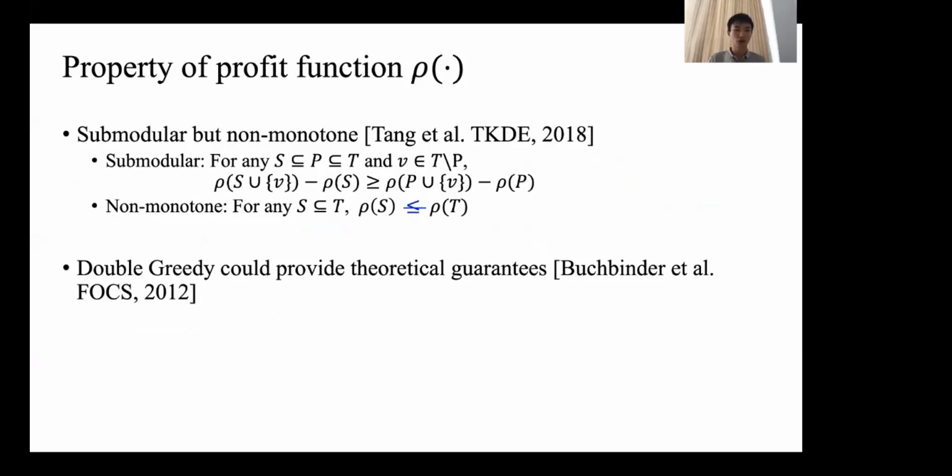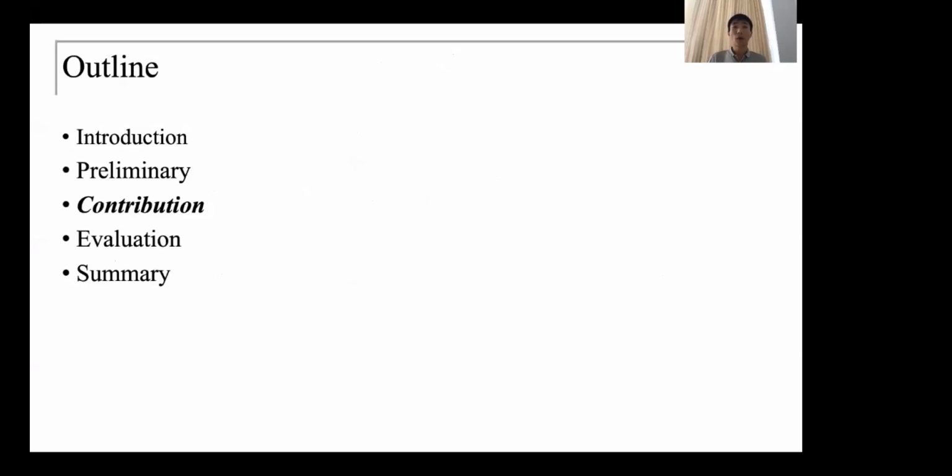Submodularity is a very important property. Based on this, Buchbinder et al. proposed double greedy algorithms that can address such problems under the non-adaptive setting with strong theoretical guarantees. Our solutions are also motivated by the double greedy algorithm.